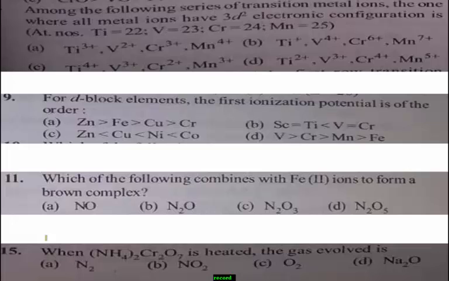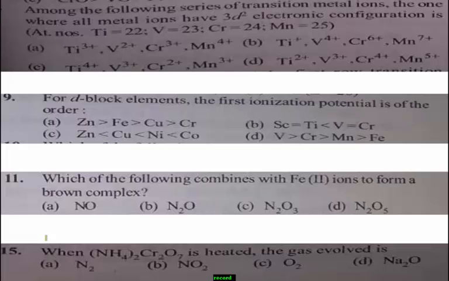Yes, observe the given options carefully. They given all the elements with respect to charges. So write the electronic configuration of all the ions. First I take titanium.